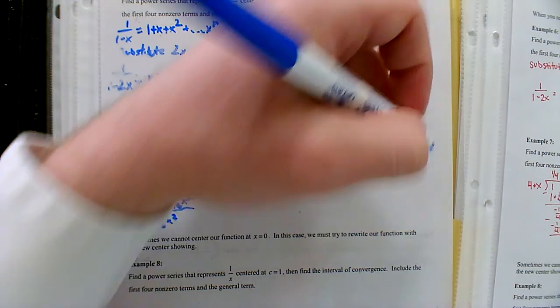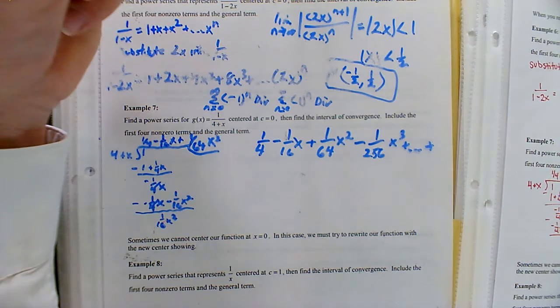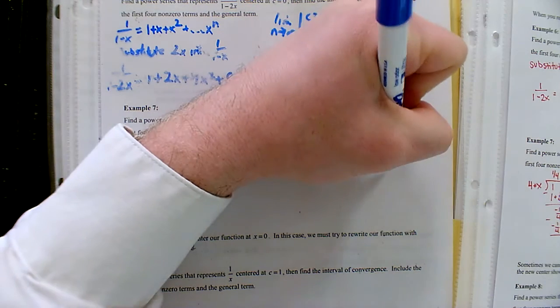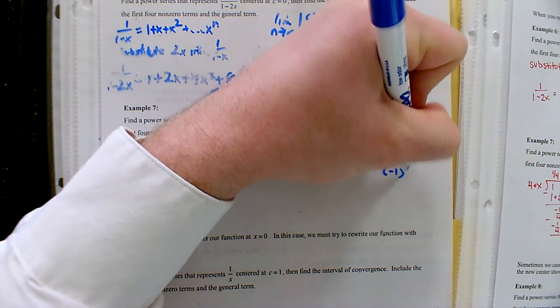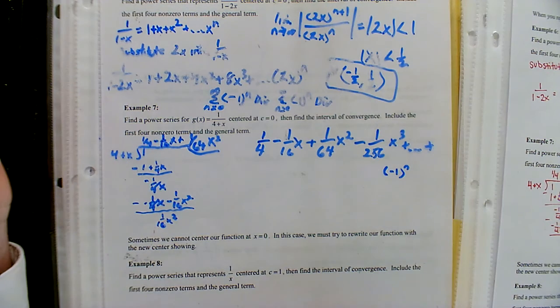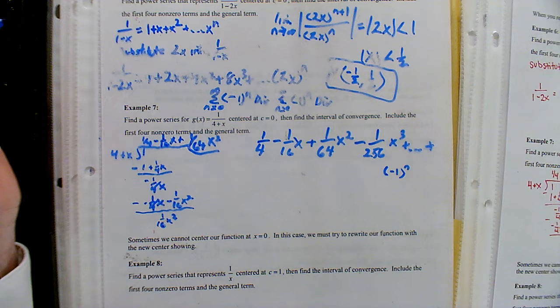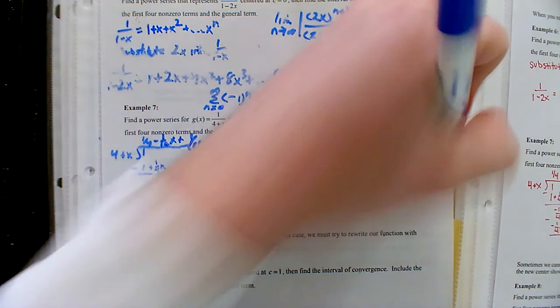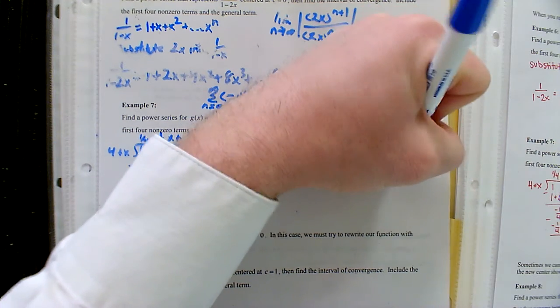So I'm going to write it down below, but we need our general term. So it is alternating, so we have negative 1 to the nth. What else do we need on top? Yeah, x to the nth.